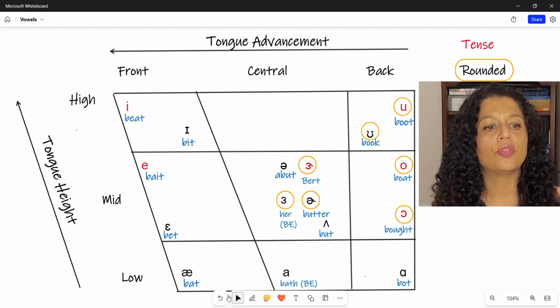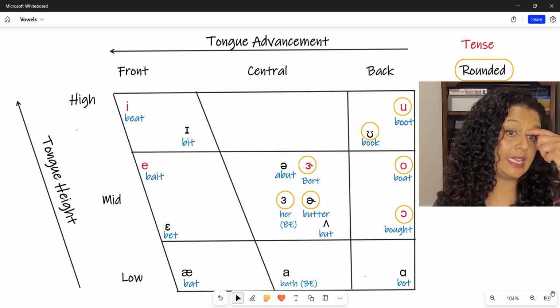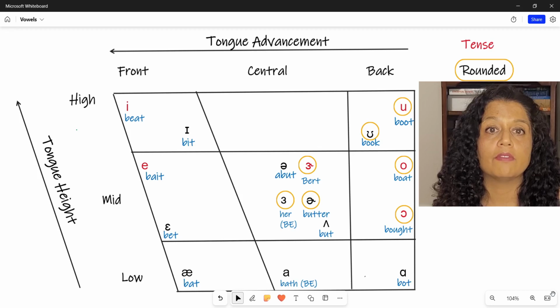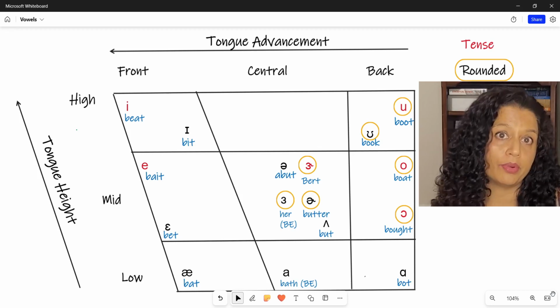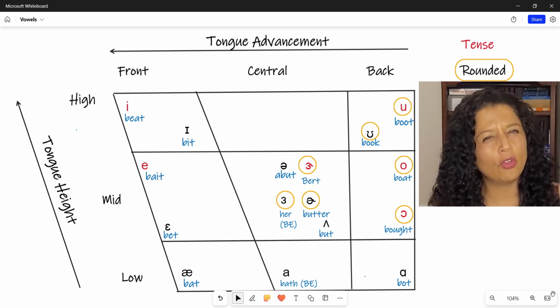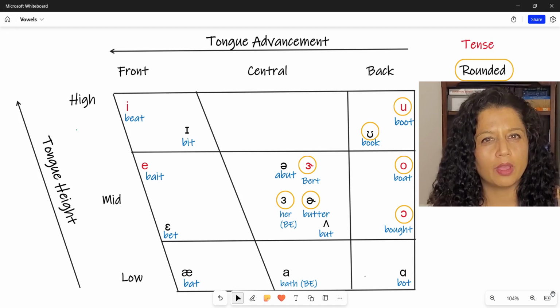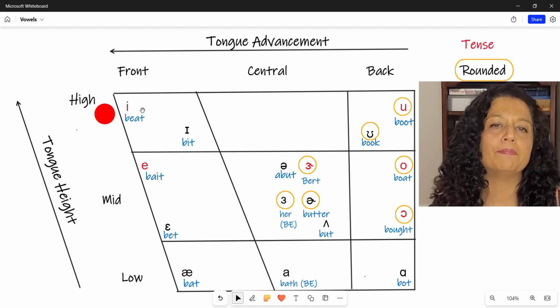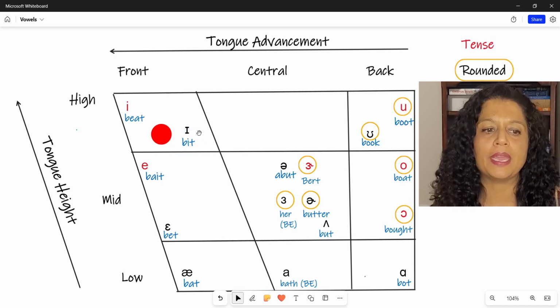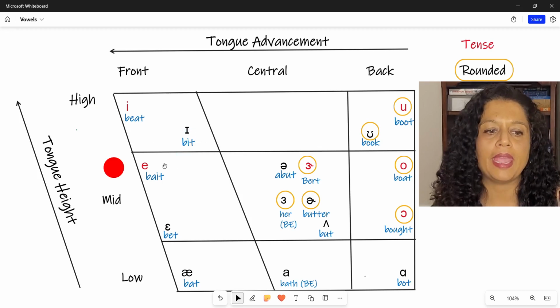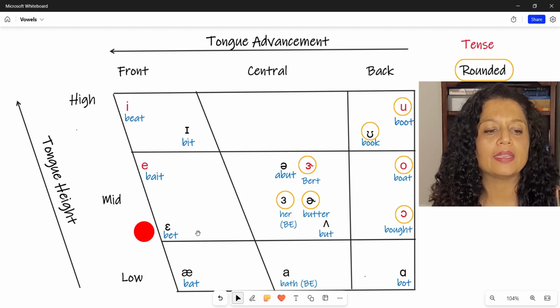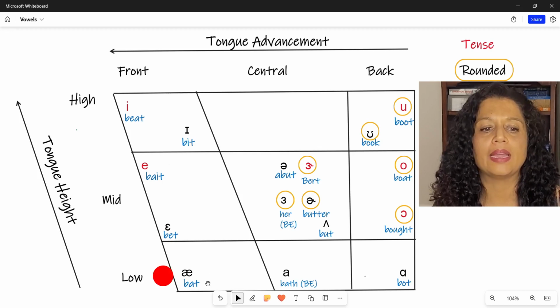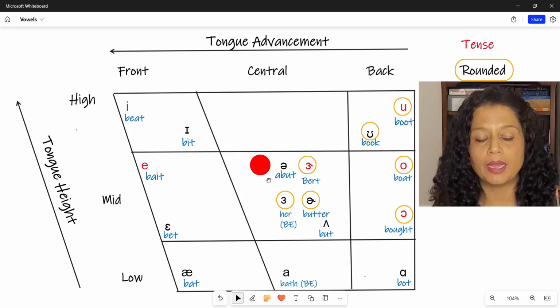All right, so there are our 16 vowels that are used commonly in British and American English. Should we go through one more time and review all of them? Let's do that. Beat, bit, bait, bet, bat, butt, that first sound.